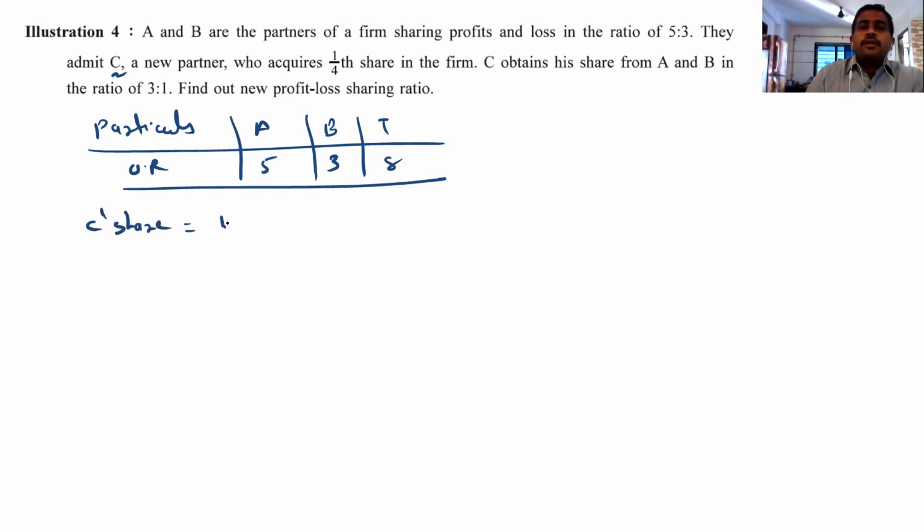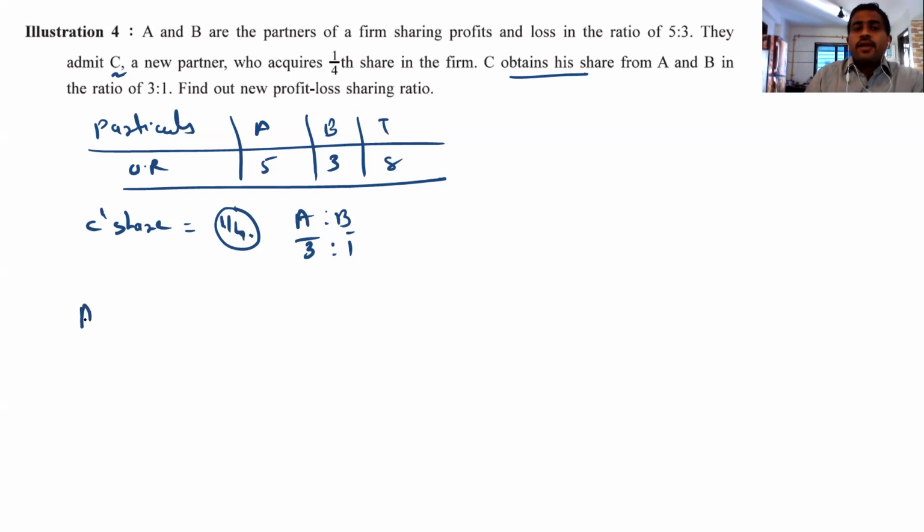C share 1/4. Now what they want to say, C obtains his share 1 by 4 from A and B in the ratio of 3 is to 1. Now how to do this one? It's totally a new one. So how to find?